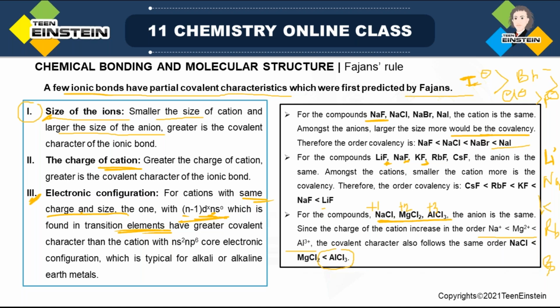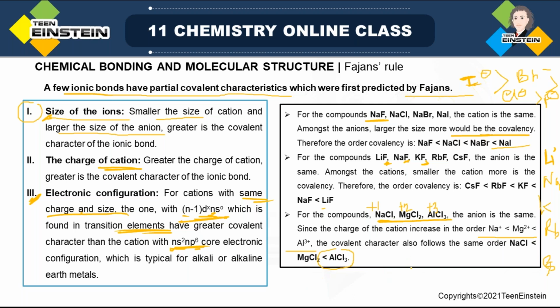So when you have this type of configuration, and another cation has ns2np6 core electronic configuration. What is the meaning of core electronic configuration? ns2np6 is basically the noble gas configuration, isn't it? So if the noble gas configuration ns2np6 is present in the electronic configuration of the metal. Suppose you have taken sodium. Sodium has atomic number 11.